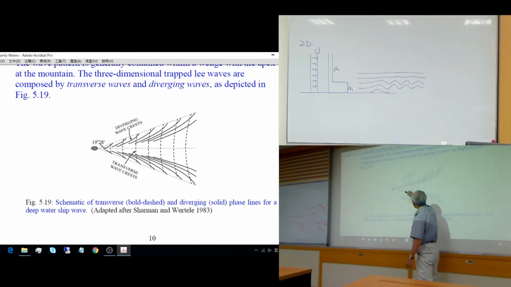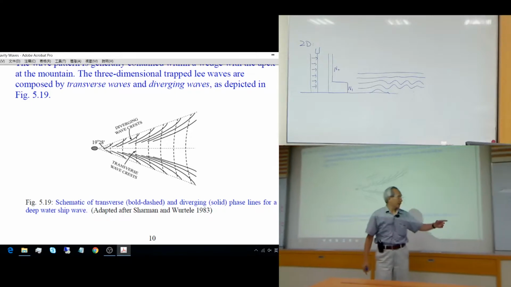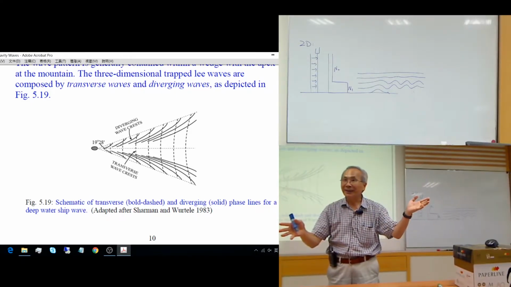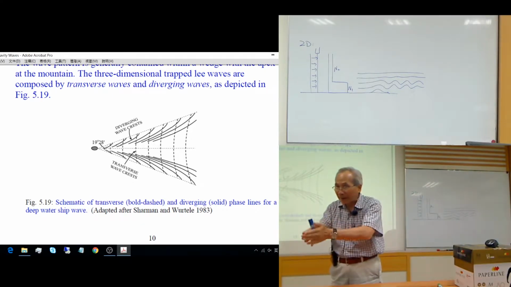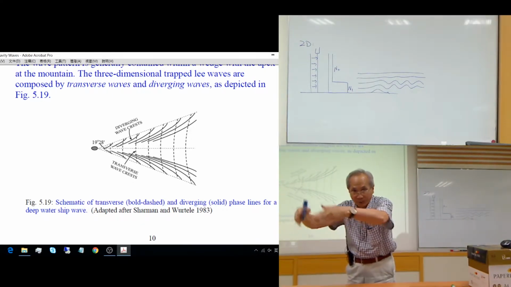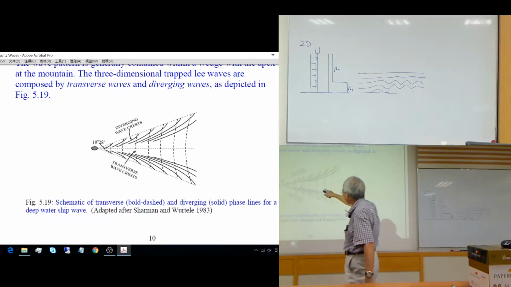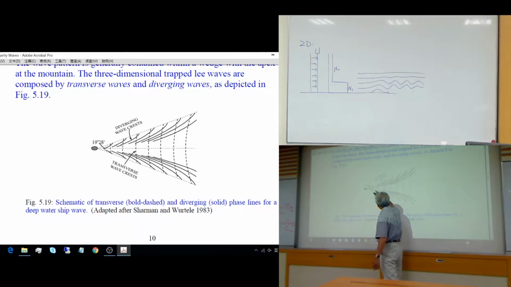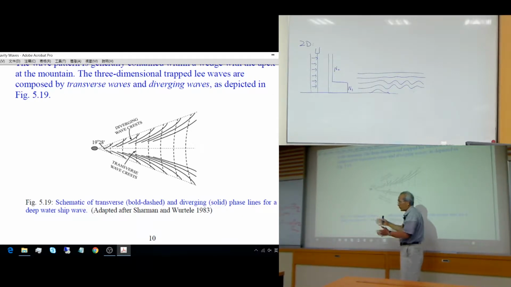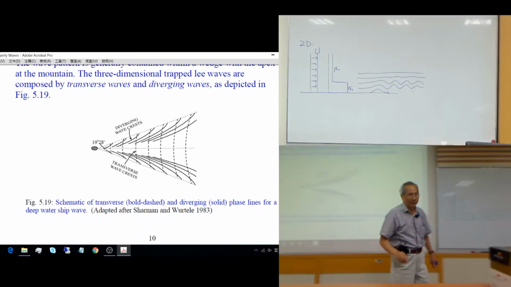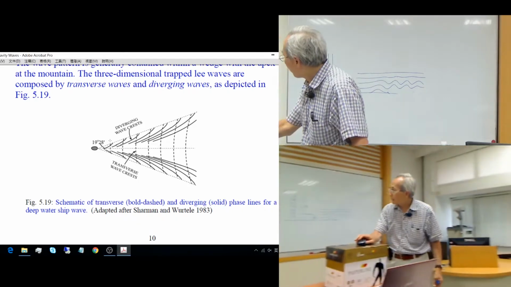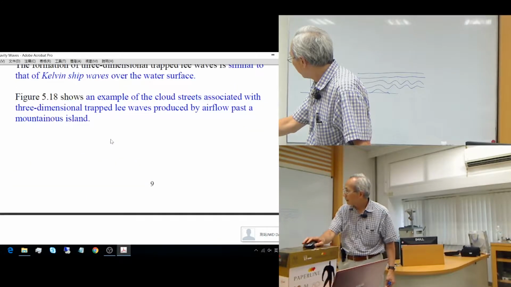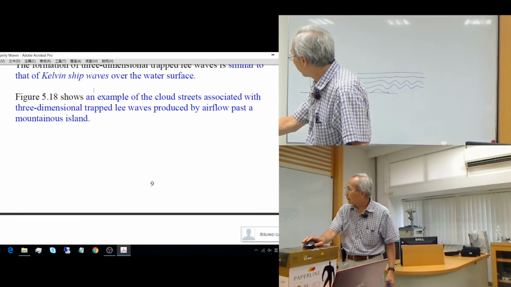And this other part of the wave is just like the waves we discussed, fighting against the wind flow, so it diverges out. It's called the diverging wave. So we have diverging waves and Lee waves composed together, which gives us the wave pattern like this. That's the Kelvin wave, the deep sea wave.